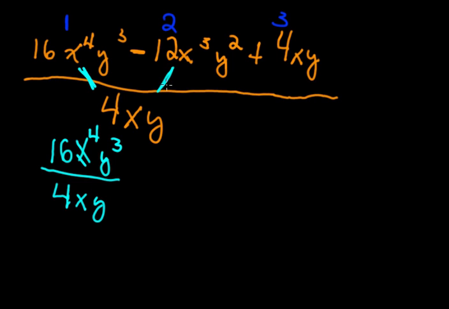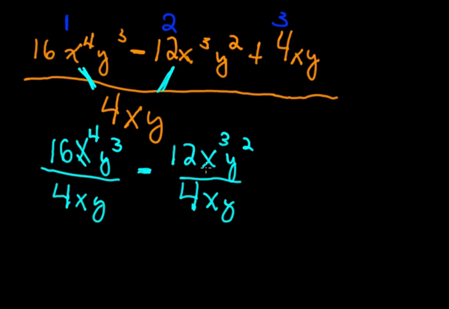My second division is the second term. I'm going to keep the minus sign here. I get 12x cubed y squared divided by 4xy. Keep my plus sign, 4xy divided by 4xy.